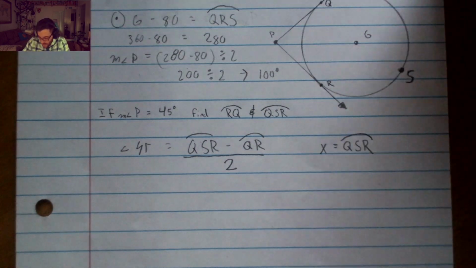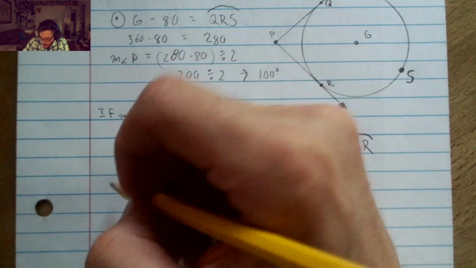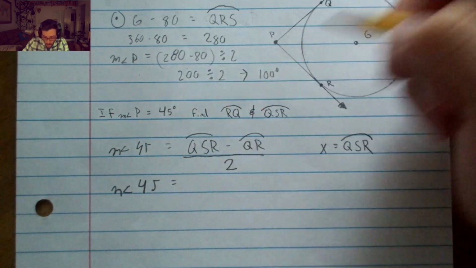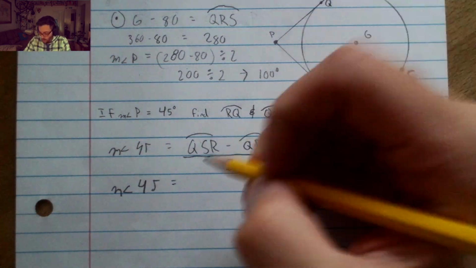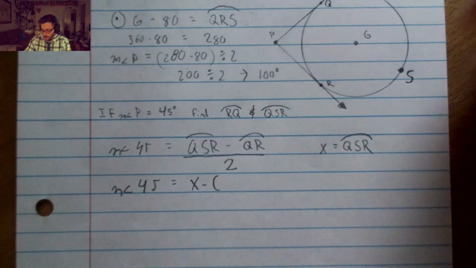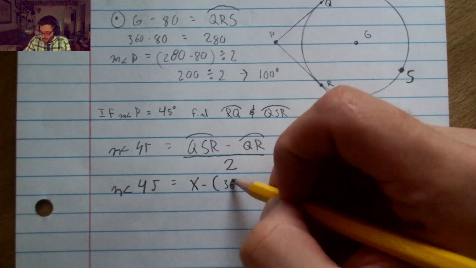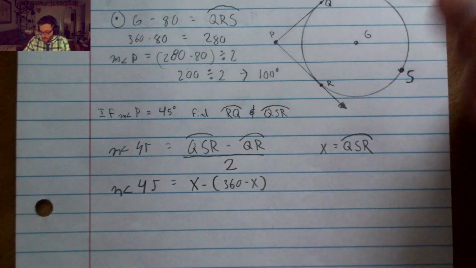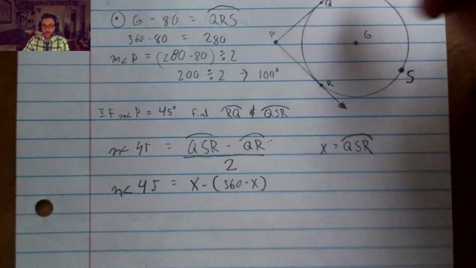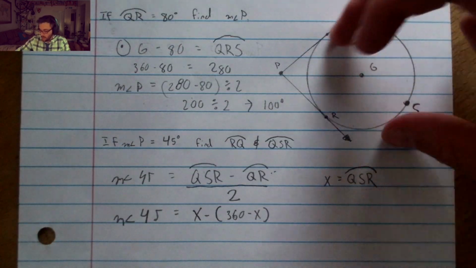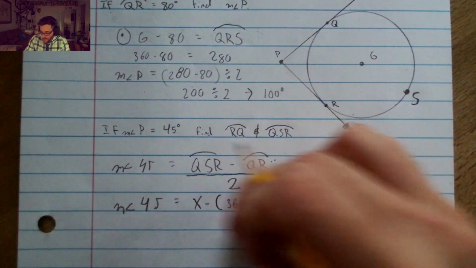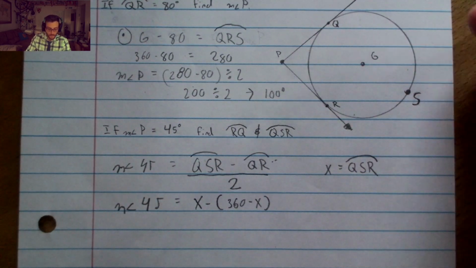What that's going to allow me to do now is set up an equation where I take the value of x, and then I create a parentheses statement where I say 360 minus x is equal to QR, because we do know in this example that we have a circle of 360 degrees. If we subtract our x, we would get this value. We can set that up inside the parentheses as a statement.